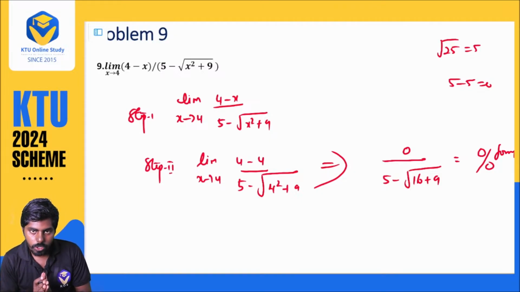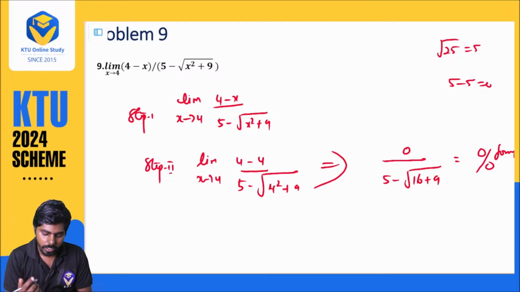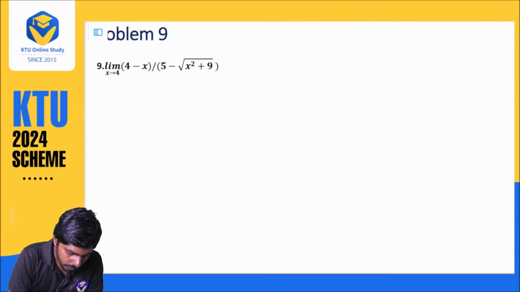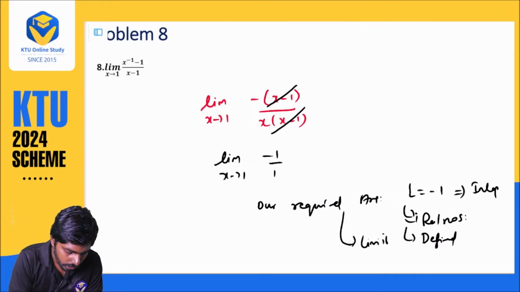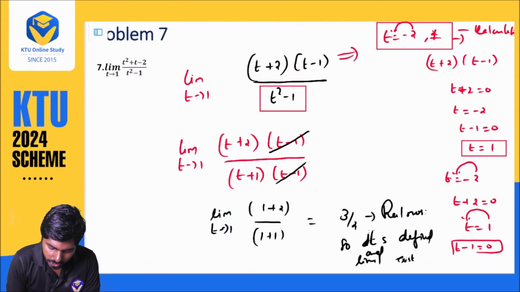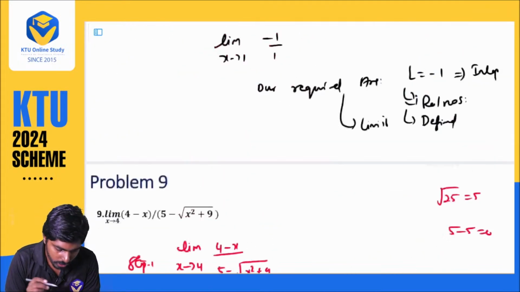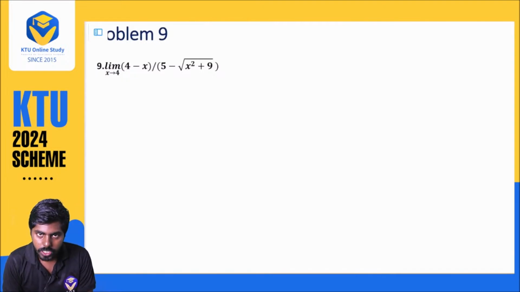So here we want to do simplification, but before doing simplification it is better to multiply by the conjugate. If you observe in previous sums, we were able to cancel the term x minus 1, and here also we could cancel t minus 1. When simplifying directly we got the cancellation, but in the ninth sum we are not able to get the cancellation.